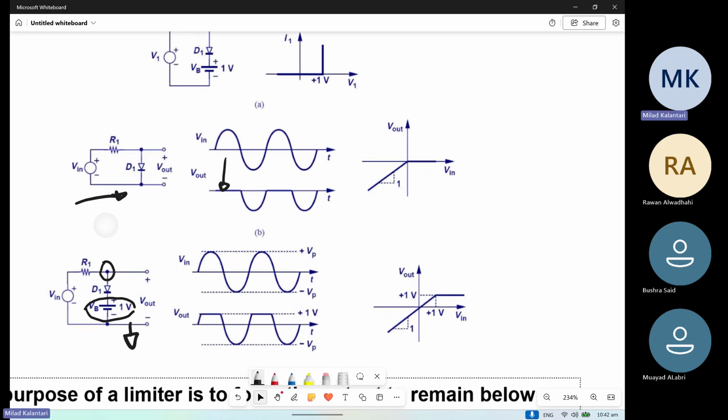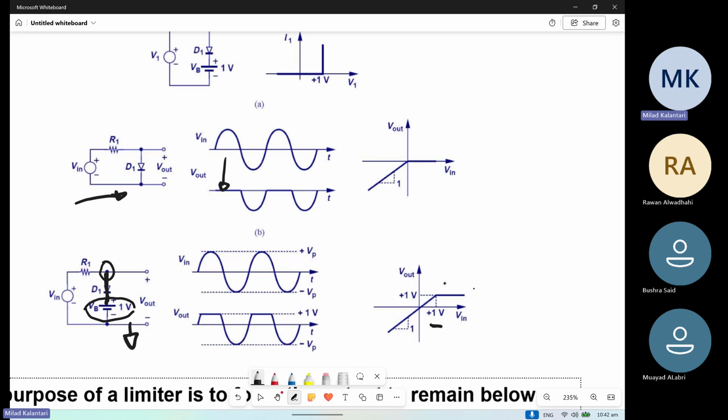Right, let's zoom in. So once the V in reaches 1 volt, it starts conducting. And once the diode conducts, then it will be short, right? And then the V out is basically this 1 volt. So by adding this VB, basically we are changing the level of the limiting.